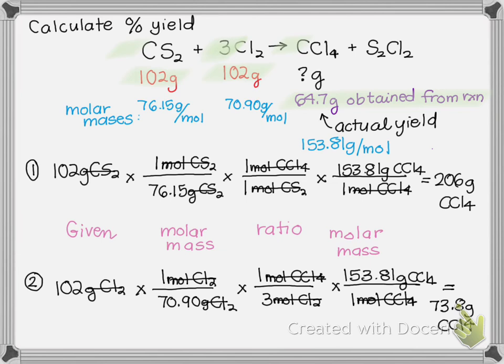Now, if you remember in limiting reactant problems, the answer is the smallest value. So this 73.8 CCl4 is going to be the theoretical yield. This is the answer here.